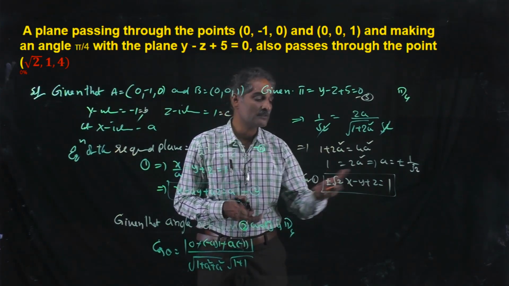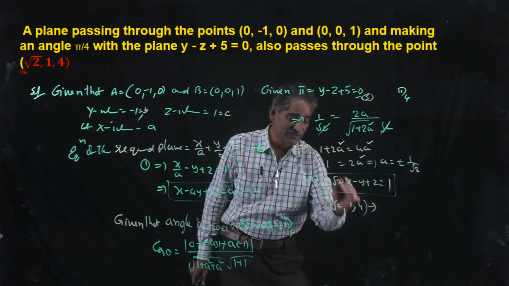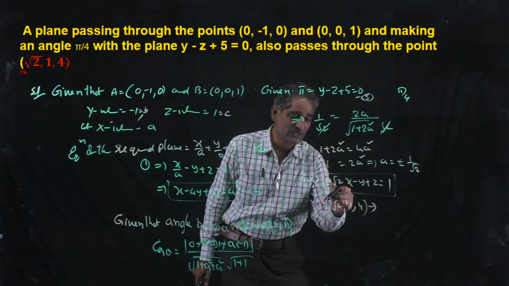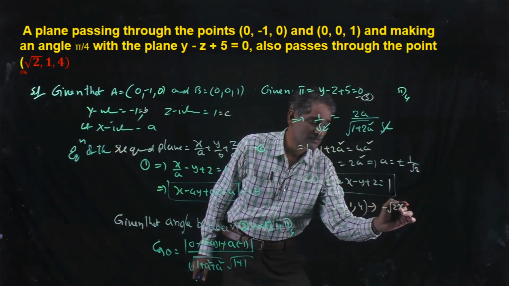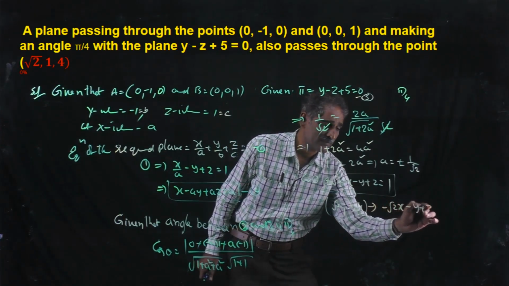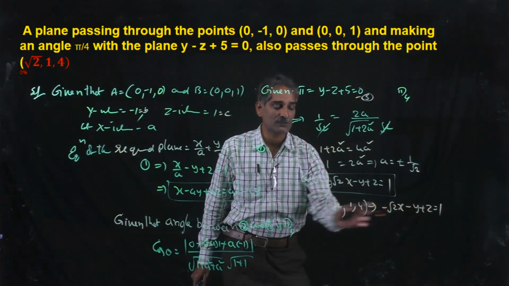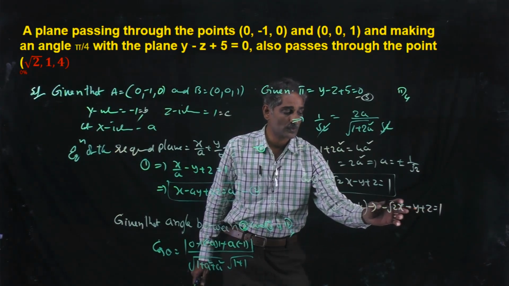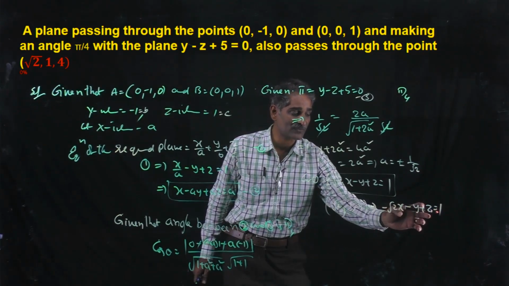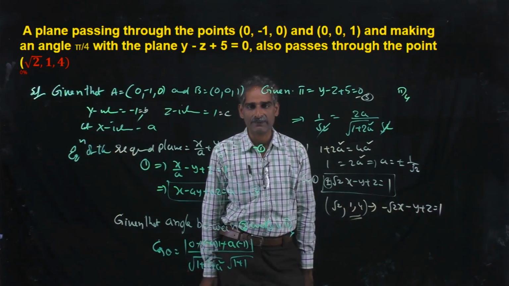Which option satisfies this equation? Clearly observe that this satisfies the equation -root 2 x - y + z = 1. This point satisfies it: if you put x equal to root 2, we get root 2 into root 2, minus 2, minus 1, minus 3, plus 4, that is equal to 1. This is the required answer here.